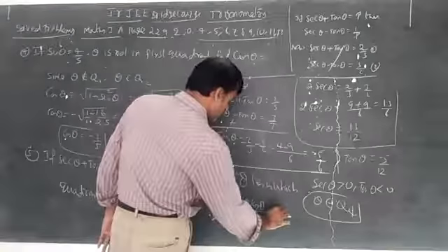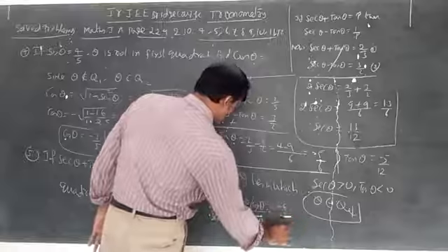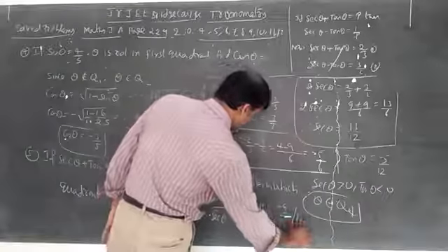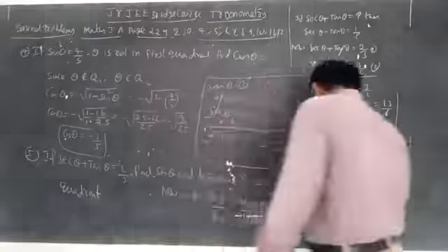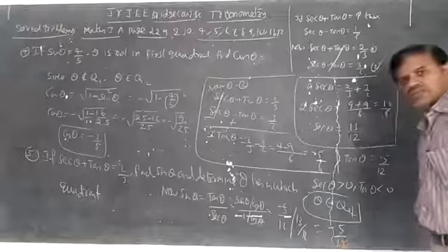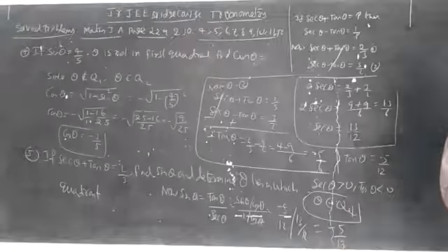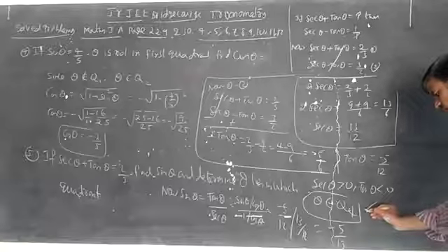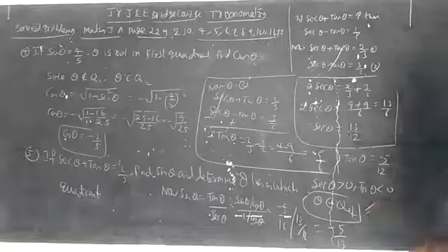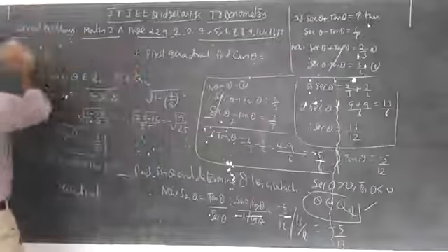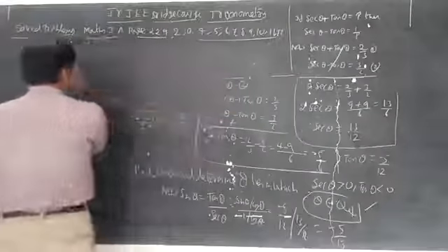Now minus 5 by 12 whole by 13 by 12 becomes minus 5 by 13. Since theta belongs to Q4, sin theta is also minus 5 by 13. Whenever theta belongs to Q4, sin theta is also negative.